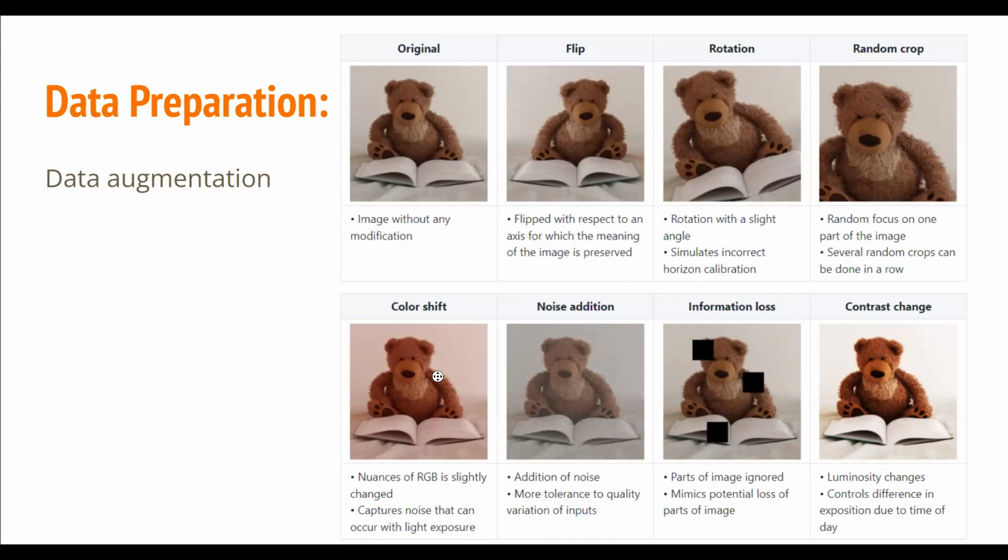We decrease the contrast and make it dark, or we make it very white, very bright, so that the model will learn this type of situation from this one image, and in a real scenario when night comes, it should detect. Okay, a teddy bear with a book kind of thing.